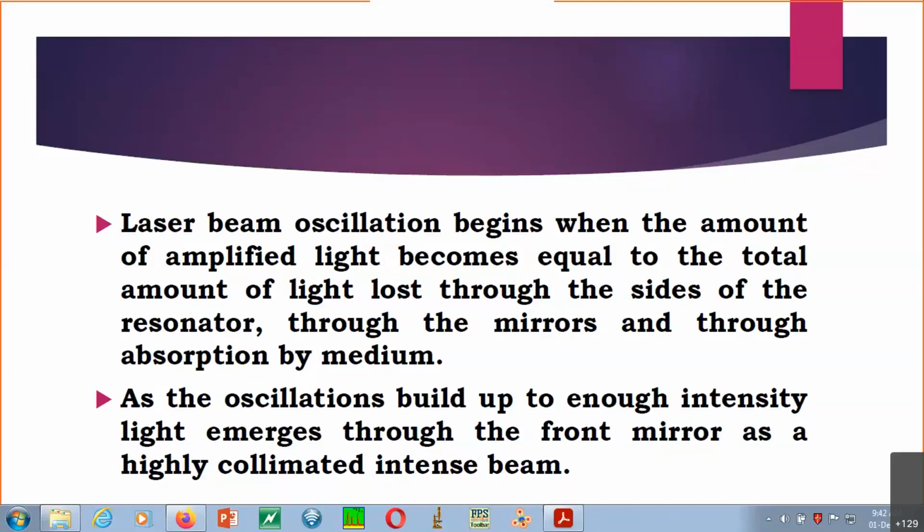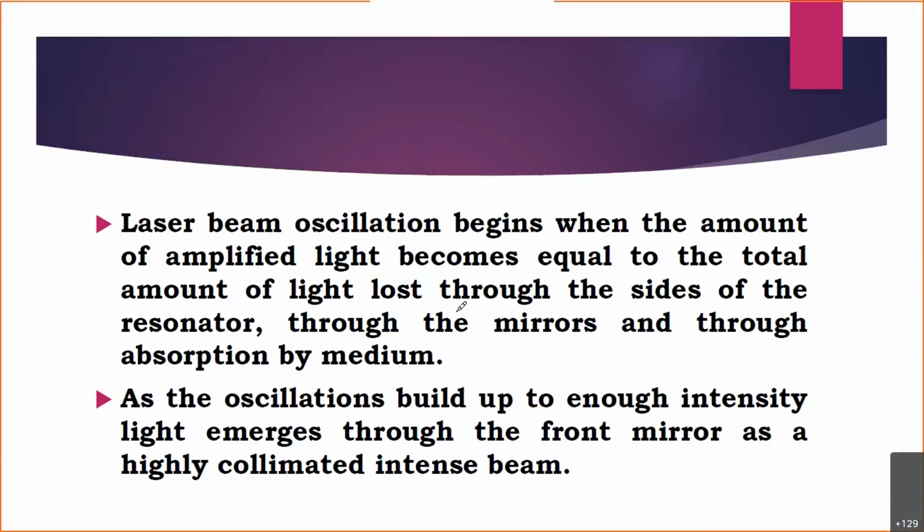So when this process is going on inside the resonator, the amount of amplified light has to be equal to or more than the lost light. Now, in whatever possible way your light, I mean the photons' energy, can be lost, these are the three possible cases I am going to highlight.